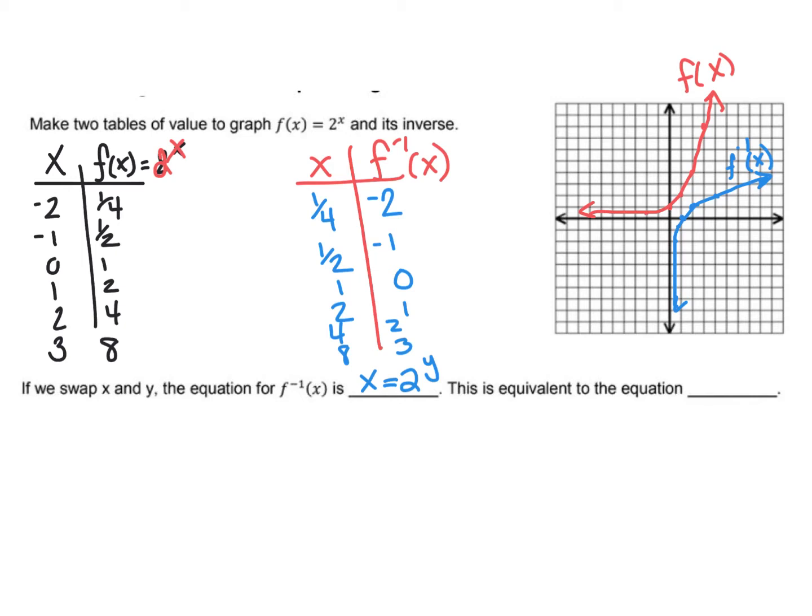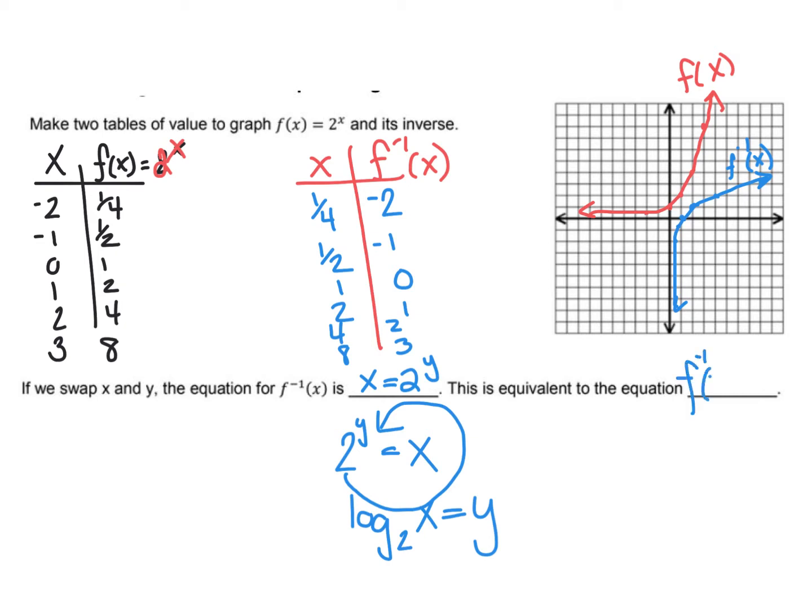If I think about exponential form and how a log is related, as I said to you before, if you just go counterclockwise, this is the same as log base 2 of x is equal to y. So what I'm saying to you is f inverse of x is the same as the equation log base 2 of x.